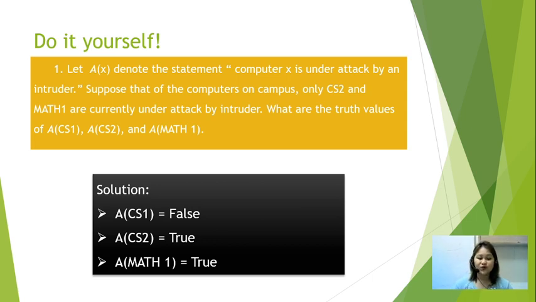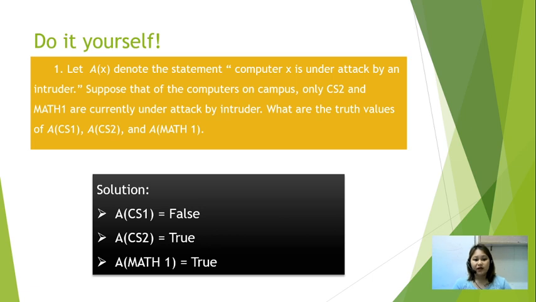But when it comes to A CS2, it was mentioned that only CS2 and Math 1 are currently under attack by an intruder, so A CS2 is true. And when it comes to A Math 1, since Math 1 is also mentioned as currently under attack by an intruder, A Math 1 is true also.